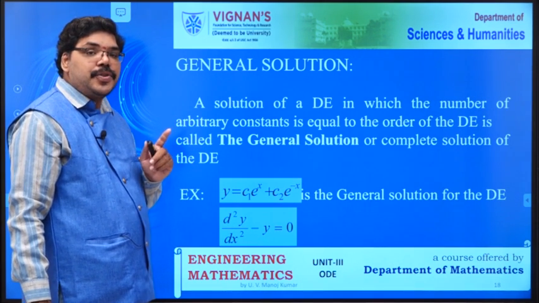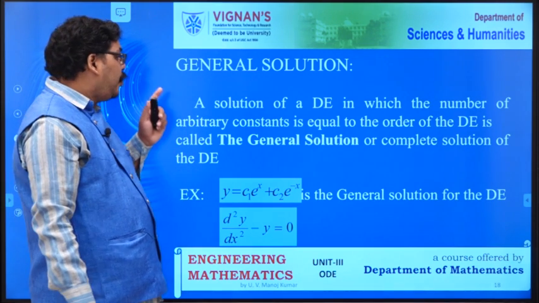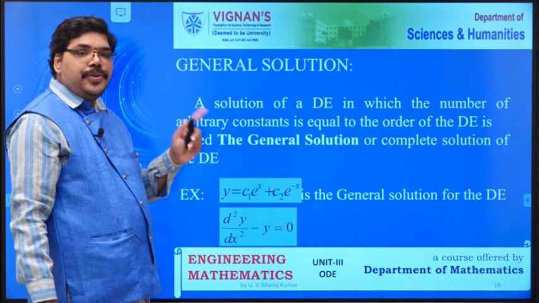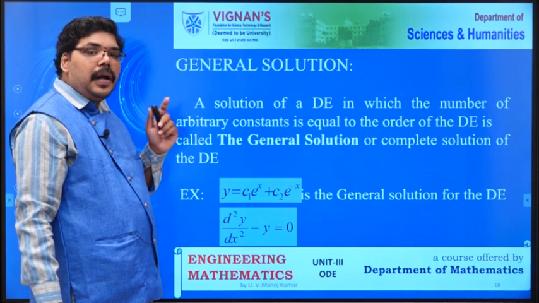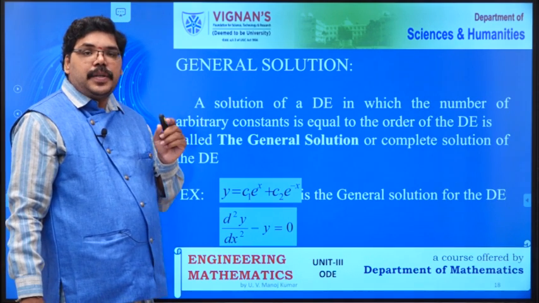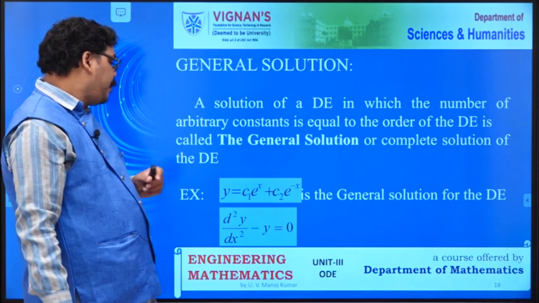Number of arbitrary constants should be equal to the order of the differential equation. So a general solution of a differential equation is a solution which involves arbitrary constants. And how many arbitrary constants should be there? The number of arbitrary constants involved should be equal to the order of the differential equation.